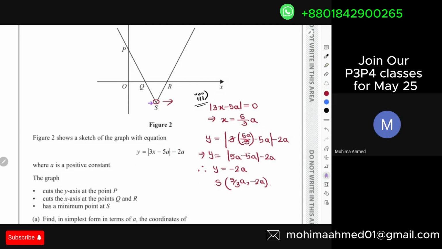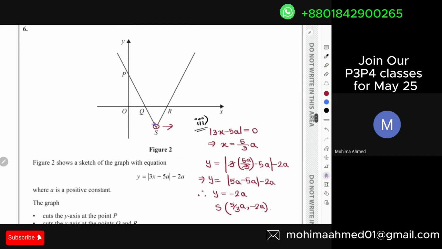For this vertex, you have to think that this is the minimum value for your absolute function, right? Your graph was supposed to intersect with the minus 2a, but it is not intersecting with minus 2a because of the absolute function. From this point the graph gets bent upwards.